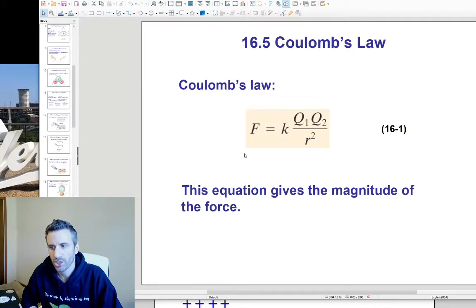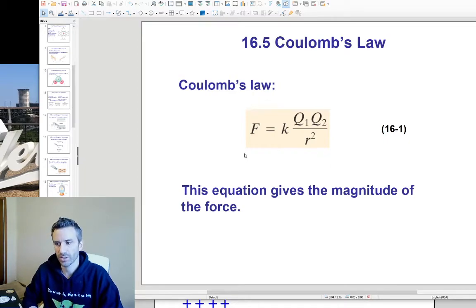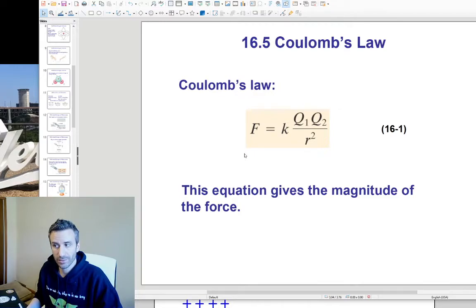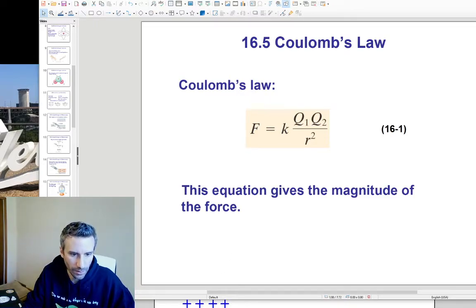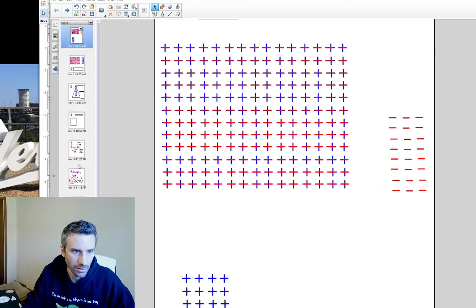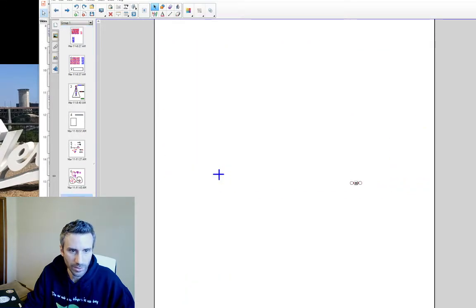You should have had an equation before that had force on one side, R squared in the denominator on the other side, and then some other similarly structured letters as well. If you remember, let me write it here.